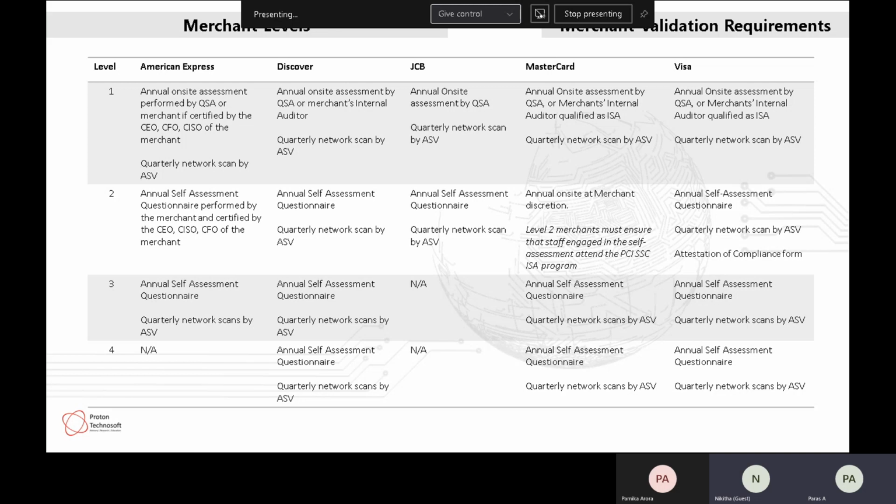Or if your CEO, CFO, CIO, CISO, if these CXOs are okay to sign your self-assessment report or self-audited report, then also I am good. So either a QSA audit needs to happen, or your CXO signs off that report internally.